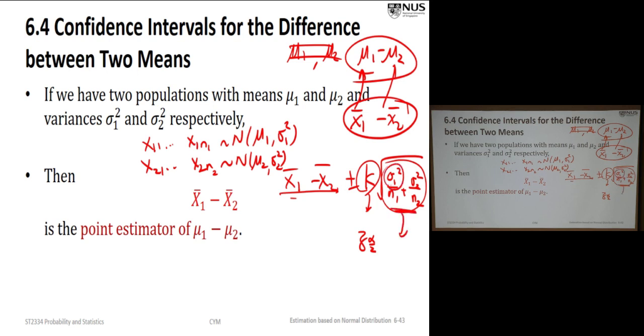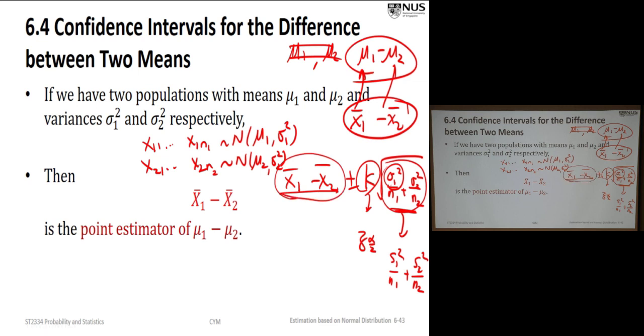So this one changes to S1 square over n1 plus S2 square over n2. Then what is k? Sorry, I don't know. But what happens if the sample sizes are big? If the sample sizes are big, then both n1 and n2 are big.